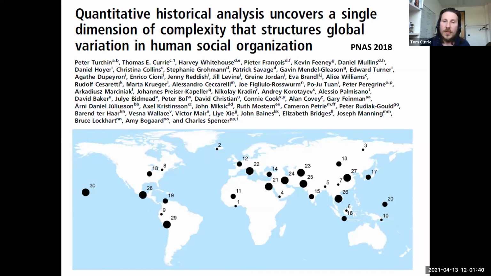And so in this study, we looked at 30 different points around the world, and tried to interrogate the available historical and archaeological data and understand how different aspects of society have changed over time.